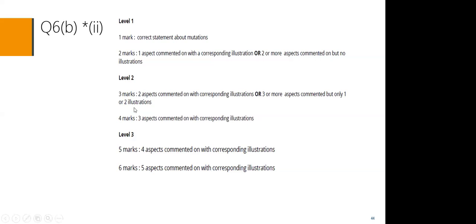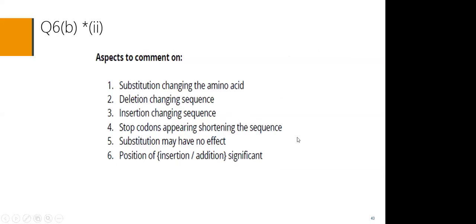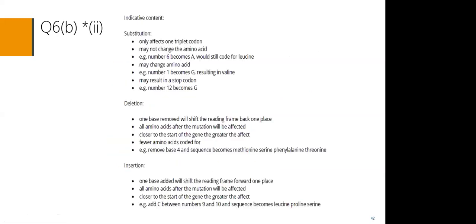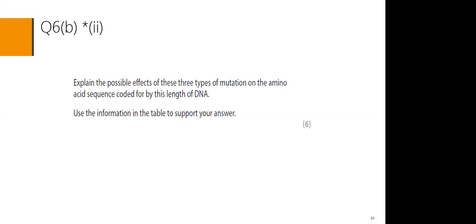And the question was, explain the possible effects of these 3 types of mutation, which were substitution, deletion, and insertion, on the amino acid sequence coded for by this length of DNA.